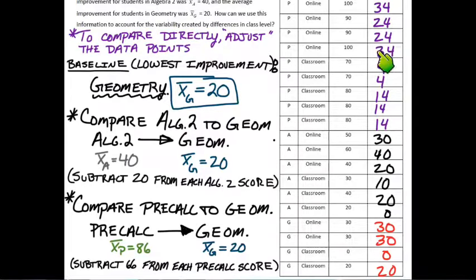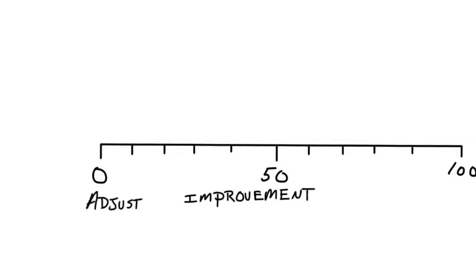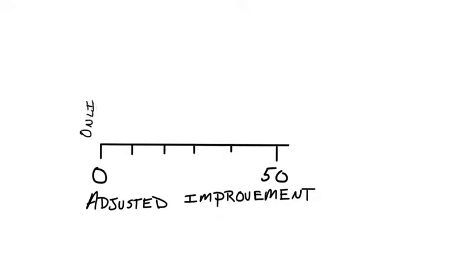Okay, so let me show you what this would do to the dot plot. You don't have to make this one, let me just show you. So I actually made the dot plot again, and then I went from 0 to 50, because we didn't have any numbers bigger than that for the adjusted scores. So for the online, here were the improvements.